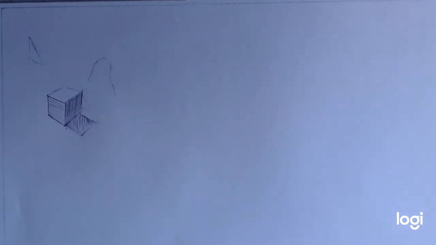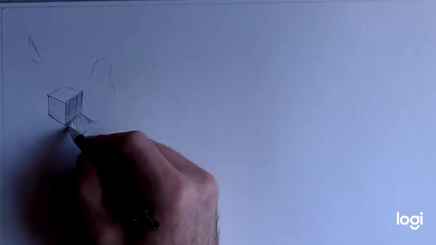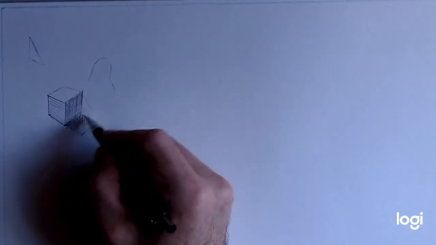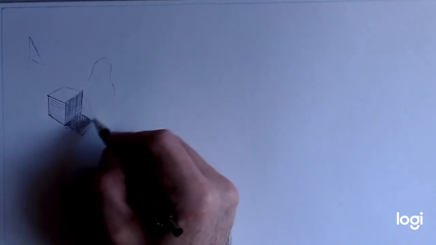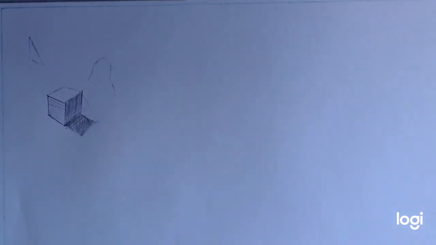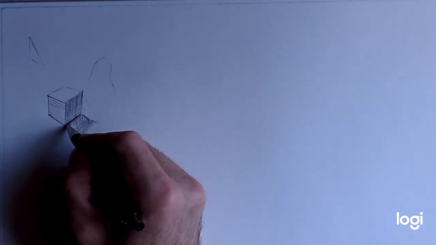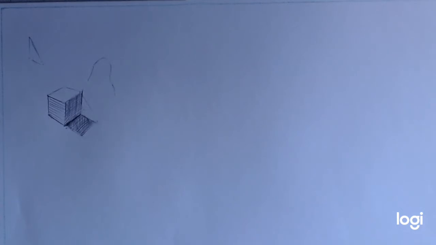So I just shaded against the contour. Why I did that, I don't know. So there we have very, very basic shading, very basic form shading, okay?